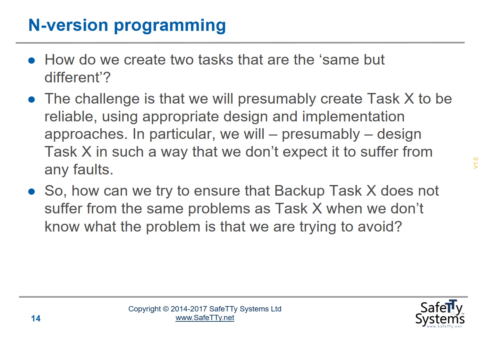So if we've created one task and we've done as good a job as we can, how can we create another task that's not the same as the original task and suffers from different problems and doesn't suffer from common cause failures?